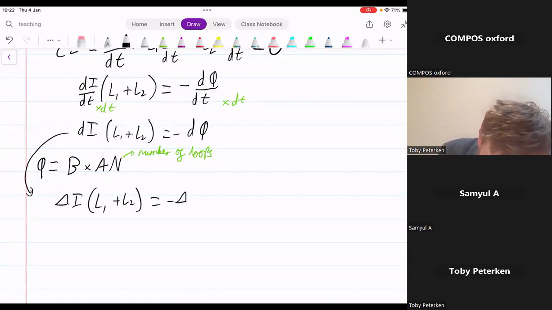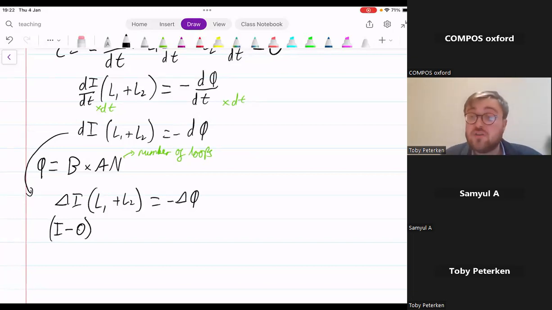Equals minus change in flux. So what is the change in current? Well, the change in current is equal to I take away 0, because the initial current is 0.